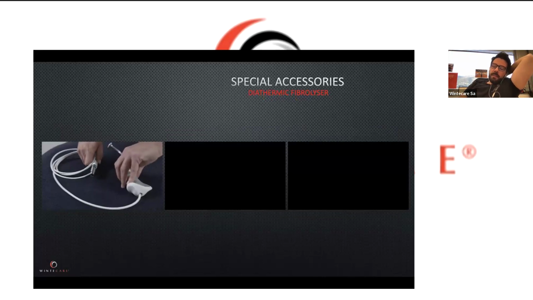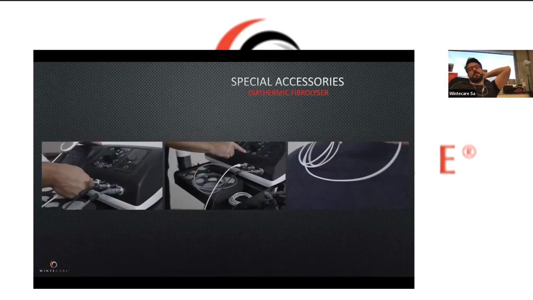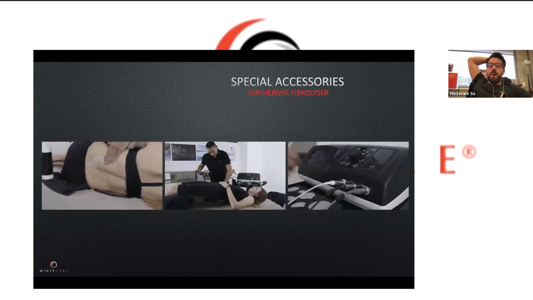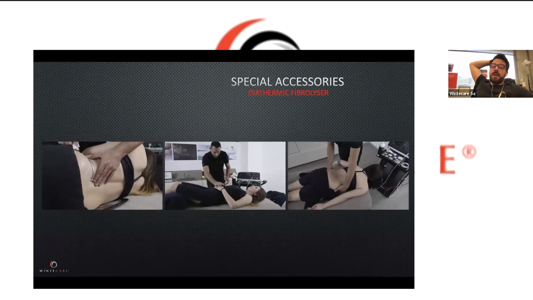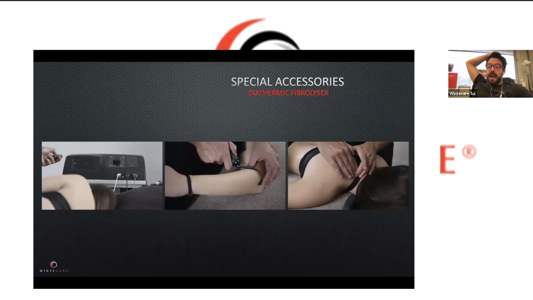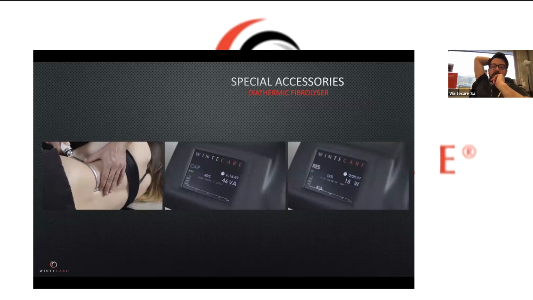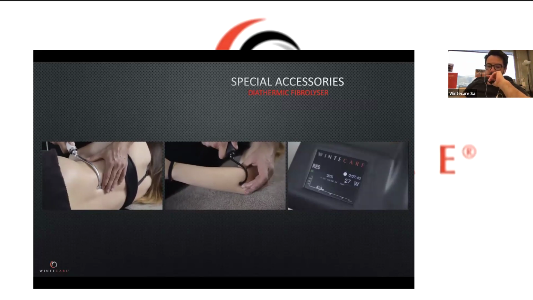Or diathermic fibrolysis, different sizes for different body areas, from a quadratus lumborum or a scapular area to an epicondylitis. Okay, so the smaller one goes to the epicondylitis, the bigger one goes on the back and the quadratus lumborum.